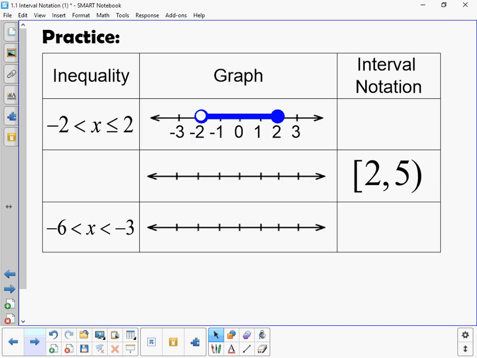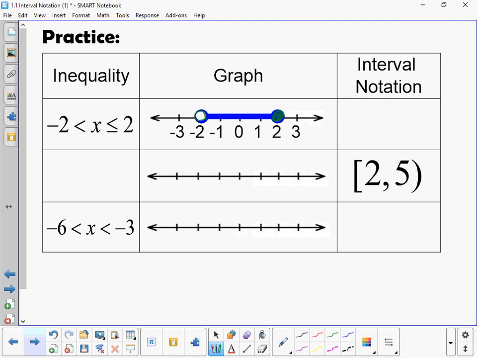Our first inequality is from the very first slide, so we already practiced graphing that. x is between -2 and +2. It doesn't include -2, but does include +2. So we have an open circle on the left, closed circle on the right.